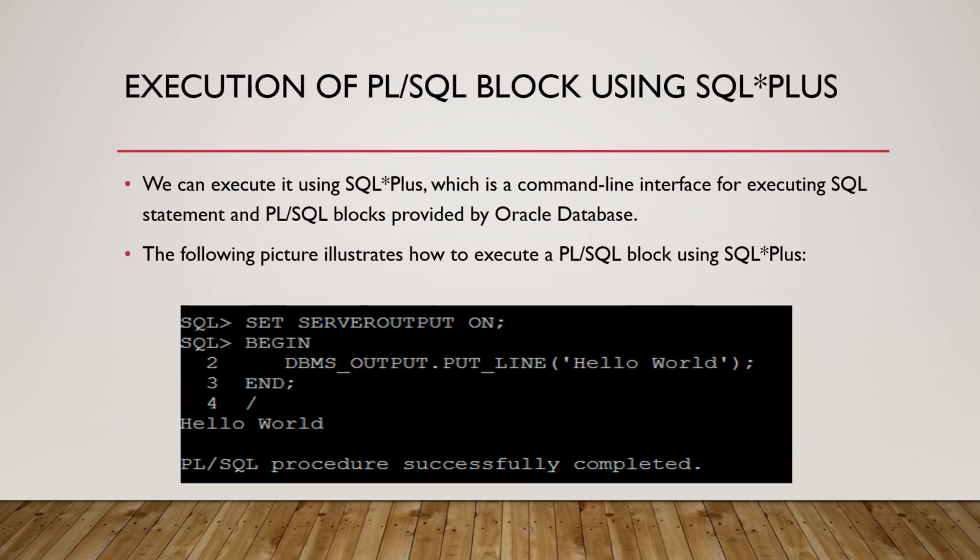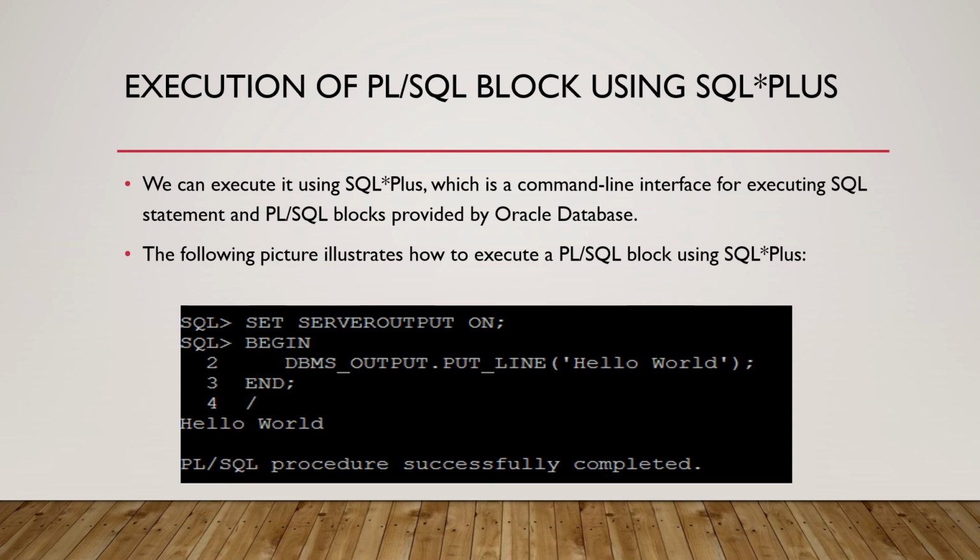Here I have the same code, but the execution is different. Here I am using SQL*Plus, which is a command line interface for executing my code. In order to execute in a command line, first connect to the Oracle database server using your username and password.